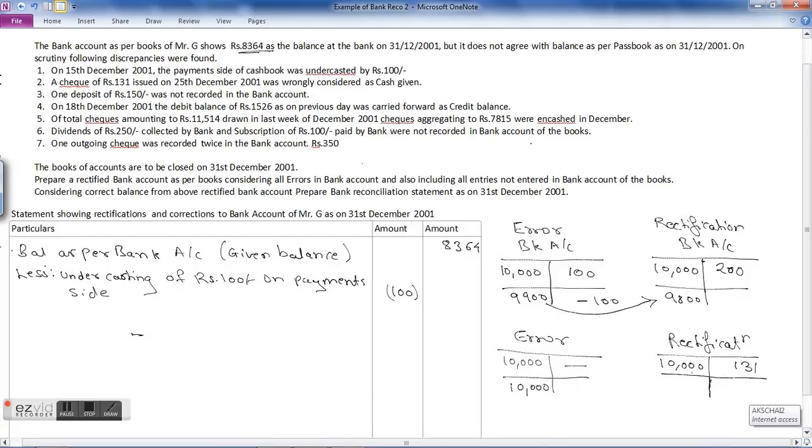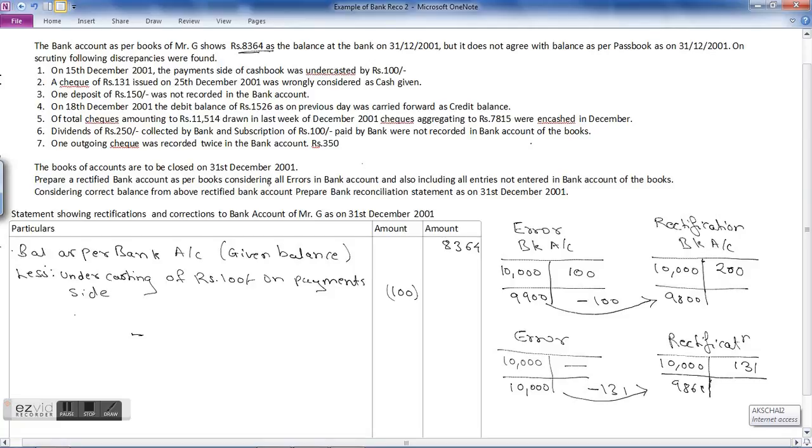Now since this needs to be rectified, the balance should be 10,000 minus 131. So how much does it come to? 10,000, 1,900 minus 30. So 9,869. So to rectify this entry, what we need to do is, we need to reduce 131 in this.